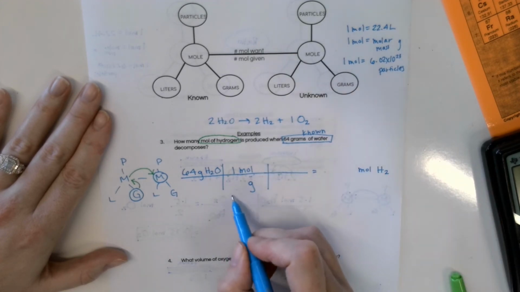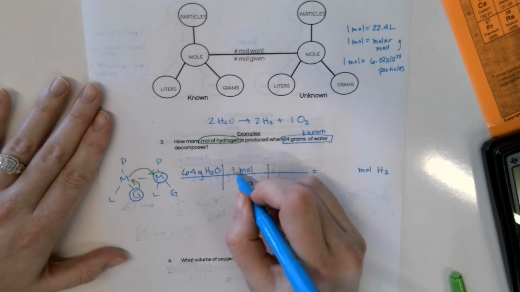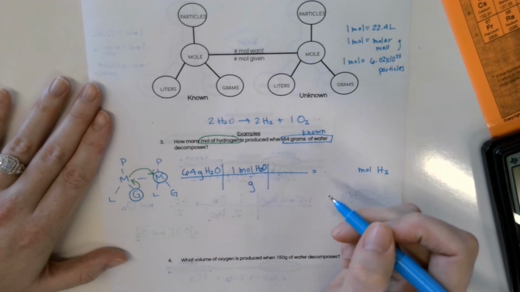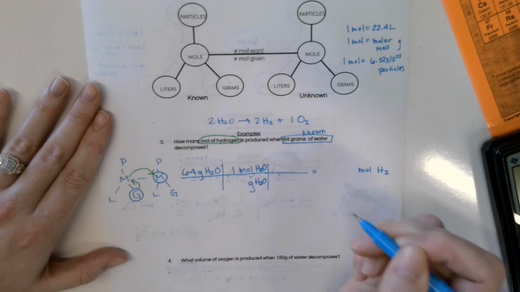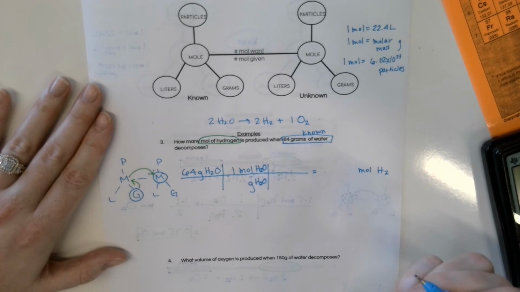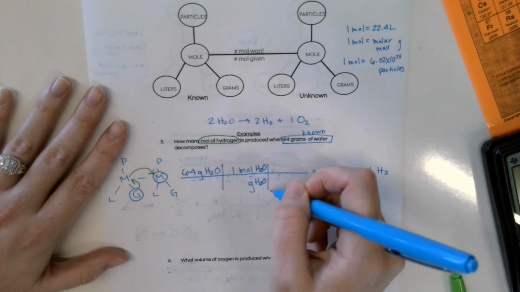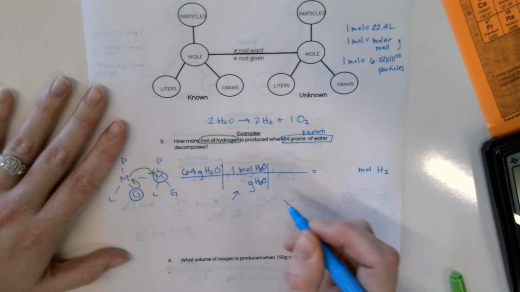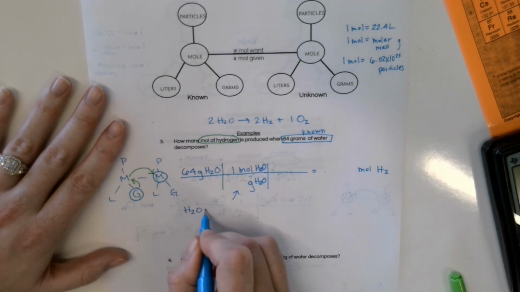All right, here we're going to need the molar mass of water. We've got to figure that out, because technically in every 1 mole of water, you have a certain number of grams of water. Now we have to be very specific, because I need grams of water to cancel. So I'm going to look up water's molar mass, H2O.